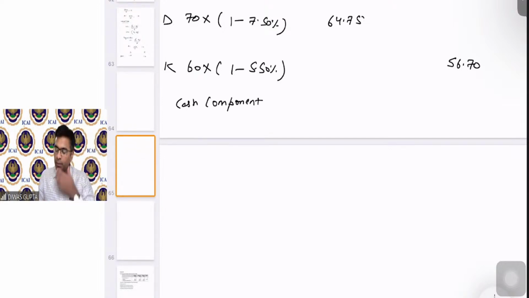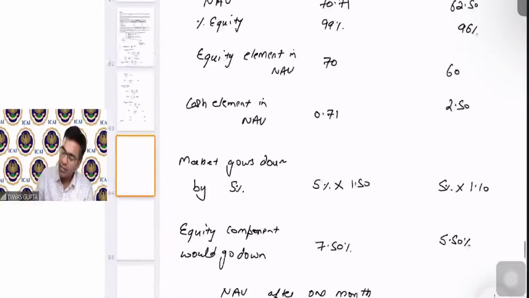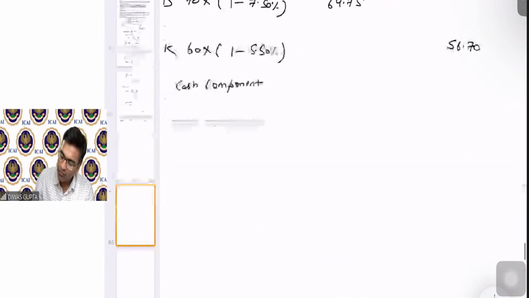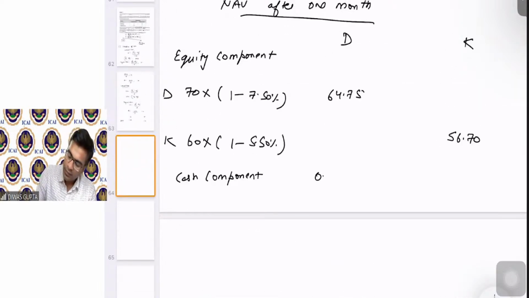So what is the cash component? What is the opening balance of cash? Where is the opening balance? Cash 0.71 and 2.5. Now students tell me, I am till here.